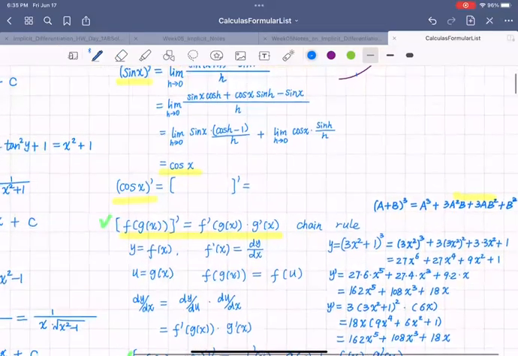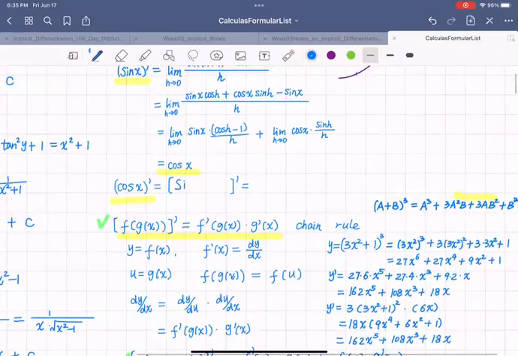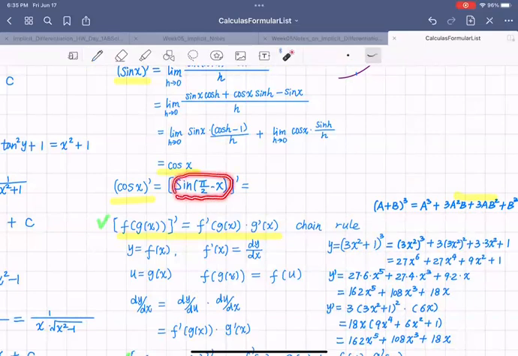You change it into the derivative of sine of pi over 2 minus x, and then you use the trig identity. So this is just the cofunction, okay? These are identical. And then you are going to use this formula to figure out the next step. Go ahead, please.